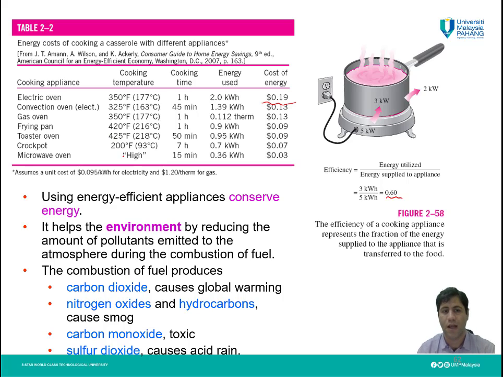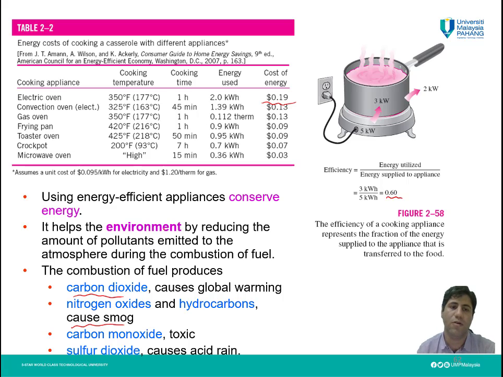These emissions are harmful for the environment and for human health, like carbon dioxide, which causes global warming, nitrogen oxide, and hydrocarbons, which cause smoke and are also harmful for the human body. They can cause cancer. Carbon monoxide is toxic as well. Sulfur dioxide causes acid rain. All of these gases are emissions and products of combustion.